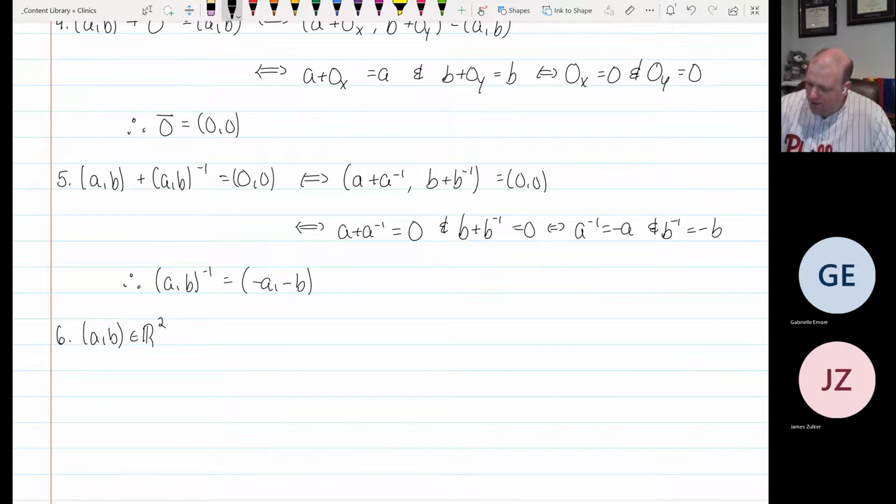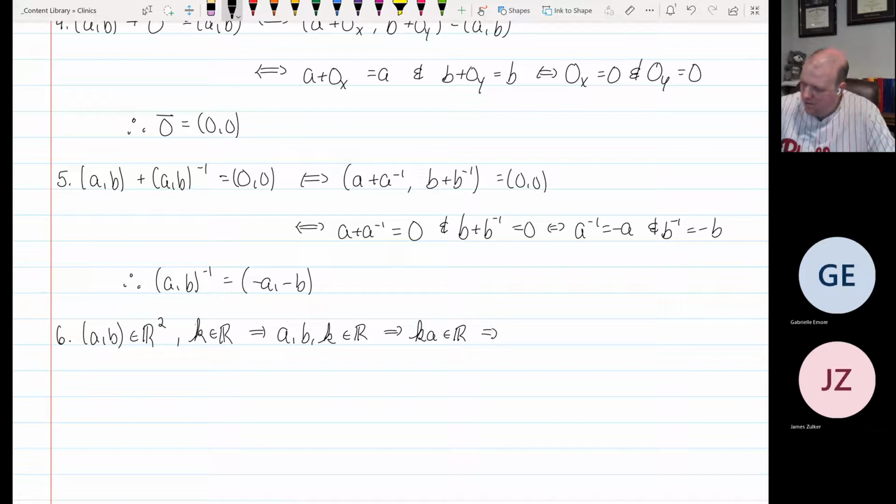So we take an element in our vector space, and pick any arbitrary constant, let's call it K. So this means that now all of our elements, A, B, K, are real numbers. This means that K times A is a real number, which means that KA, 0 is in R2, because 0 is clearly a real number.